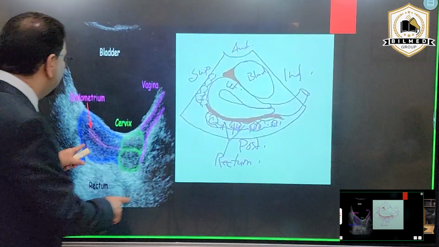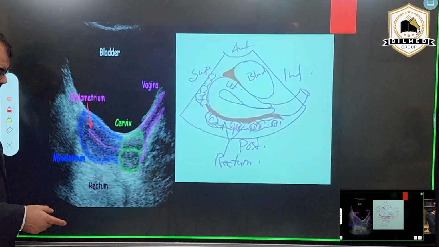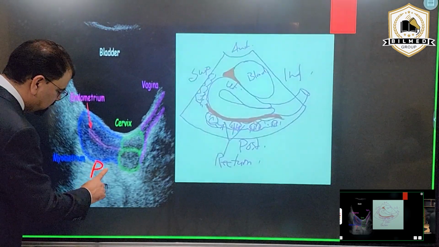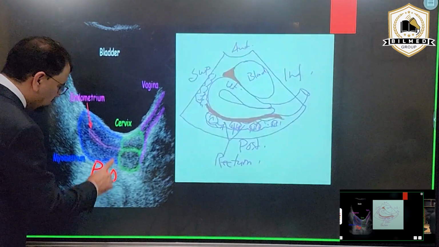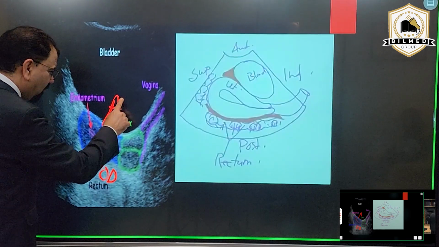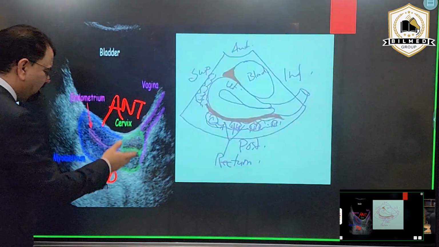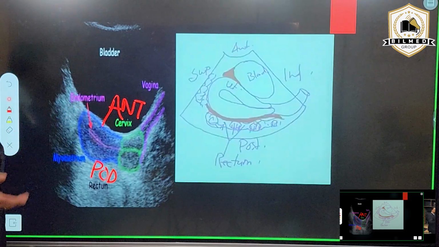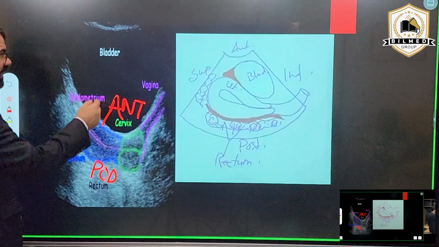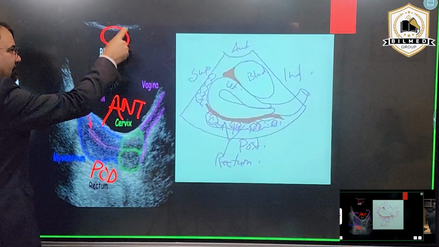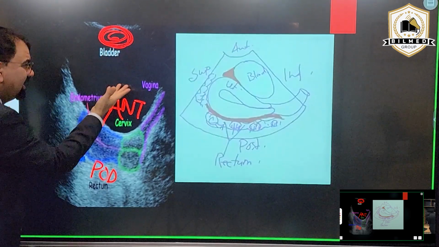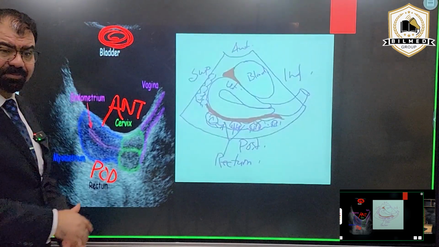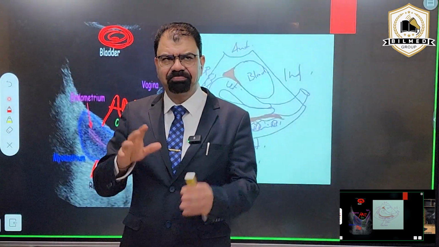Now, on ultrasound, I am having space of Retzius. This is POD, posterior cul-de-sac. This is anterior cul-de-sac. Where is the space of Retzius on this monitor? Anterior to bladder, we know that. But where will we see that? Over here. So you have to see anterior to the bladder for space of Retzius.